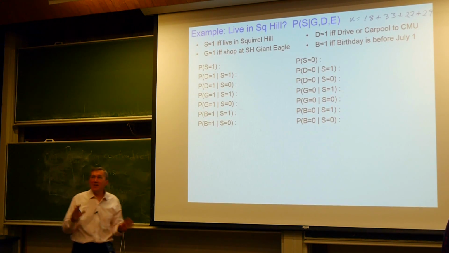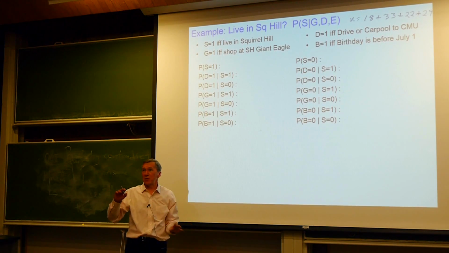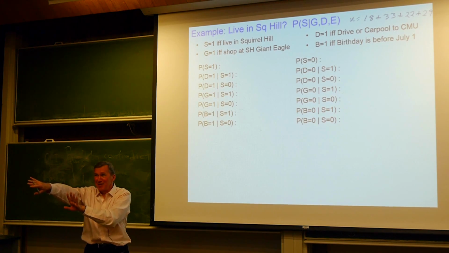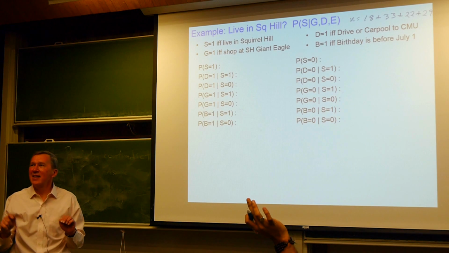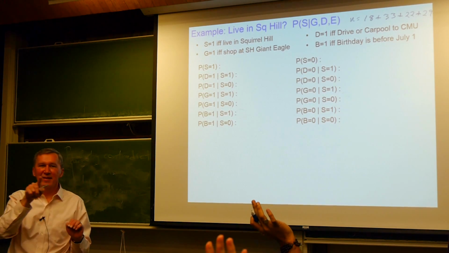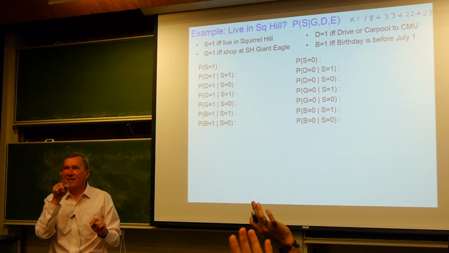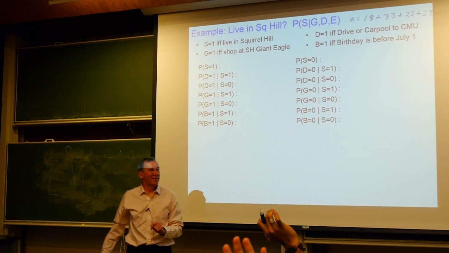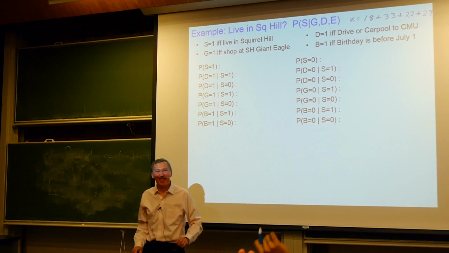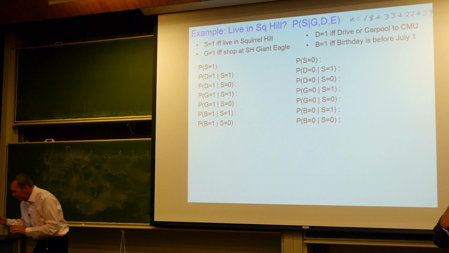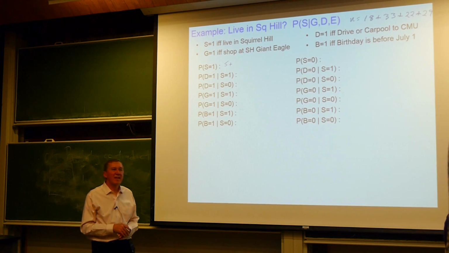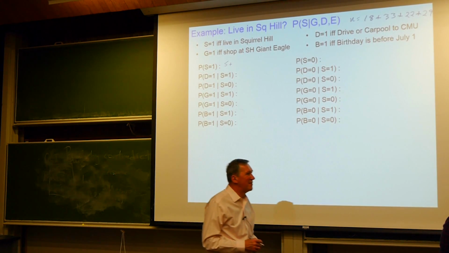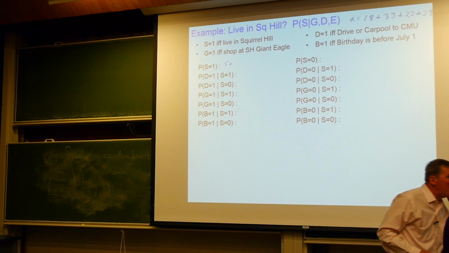Now raise your hand if in fact you do live in Squirrel Hill and you're not a test example. How many? 7, I think.